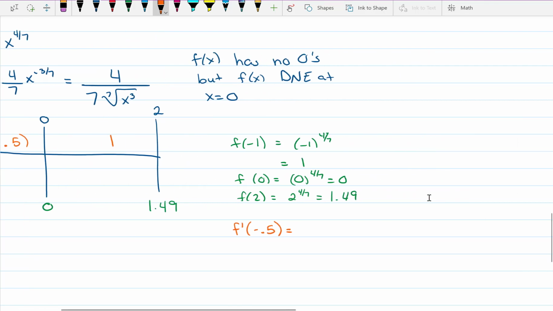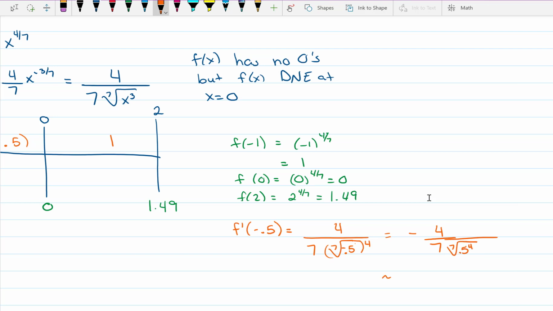So this is going to be 4 divided by 7 to the 7th root of -0.5 to the 4th. So the way you do this, if you plug it in your calculator, mine at least didn't spit anything out, so I need to do a little simplifying by hand first. Keep in mind that if it's an odd power, we can pull a negative out. So this is equal to -4/7, the 7th root of 0.5 to the 4th.